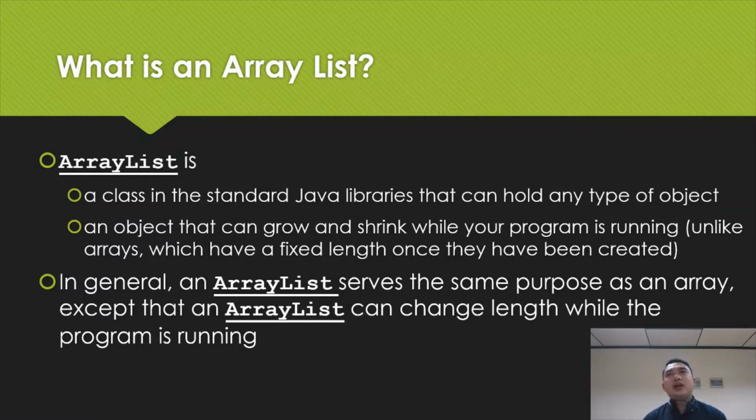That means when you add an element beyond the length of an array list, it can still be added in the list, and the length will grow too. If the current length of the array list is 10, and you add one element, it will grow to 11.